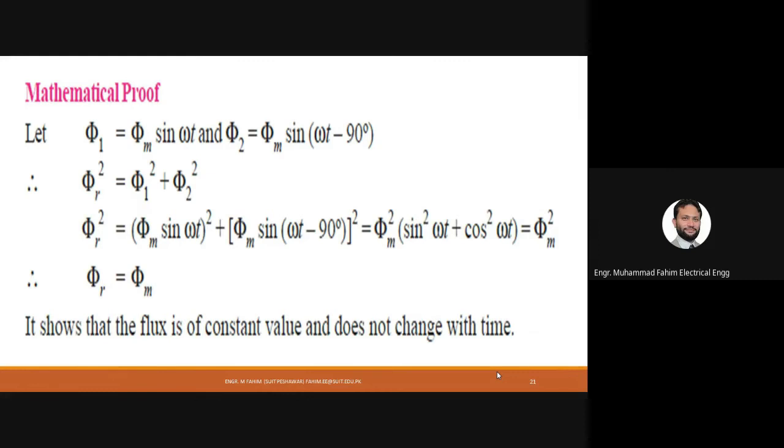Now what is remaining is phi m square. So take the square root of both sides, it will be phi r is equal to phi max. It shows that the flux is of constant value and does not change with time.